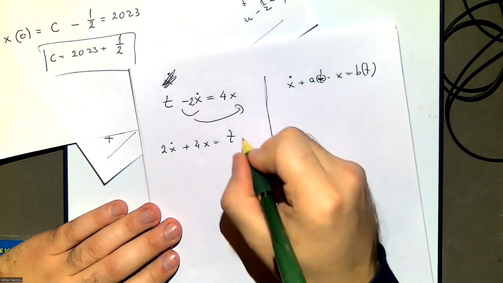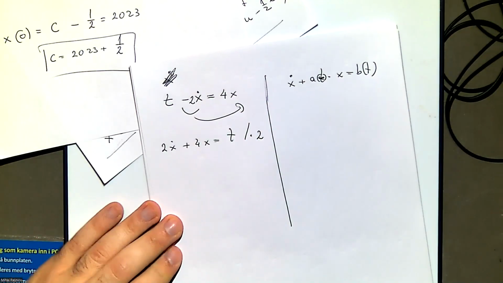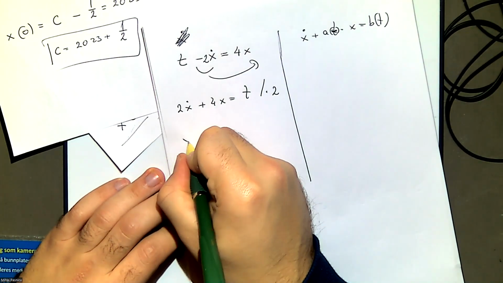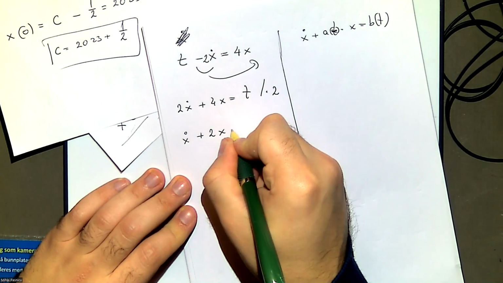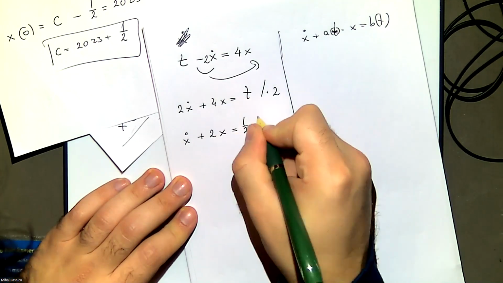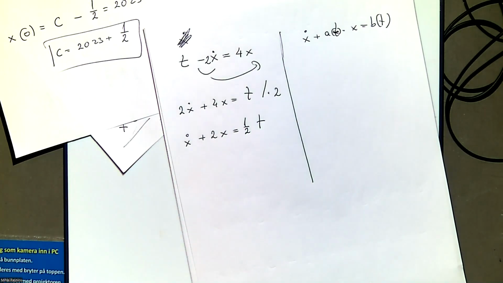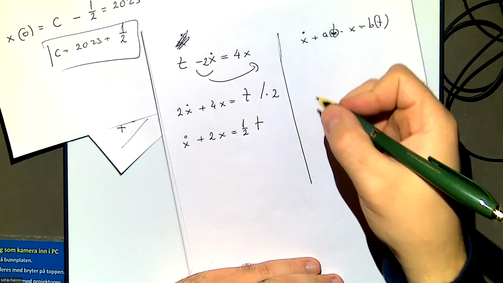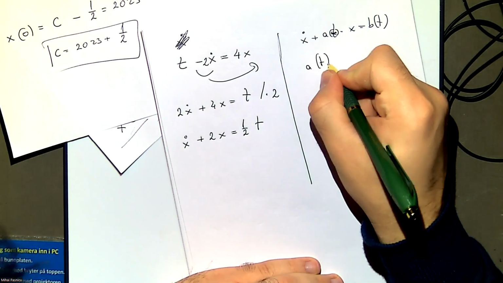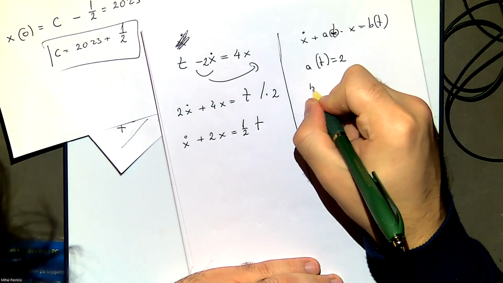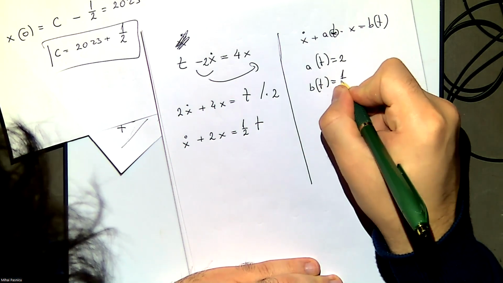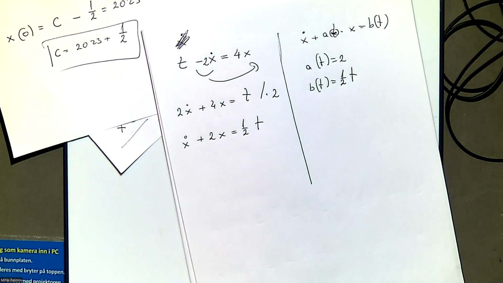Now I'm just going to divide by 2, and I get x dot plus 4 divided by 2, that's 2x, equals a half t. Okay, now it looks as close as possible. So identifying a(t) is equal to 2, b(t) is equal to a half t. Looks pretty nice to me.